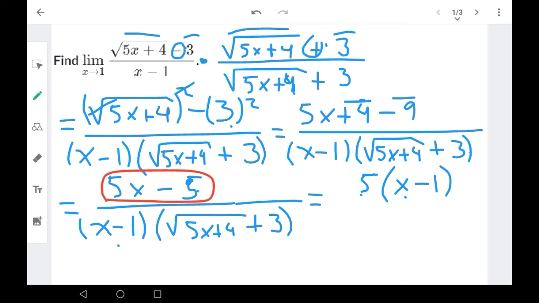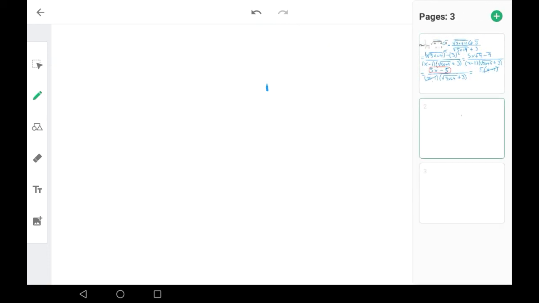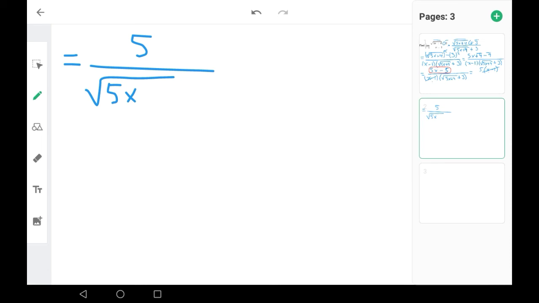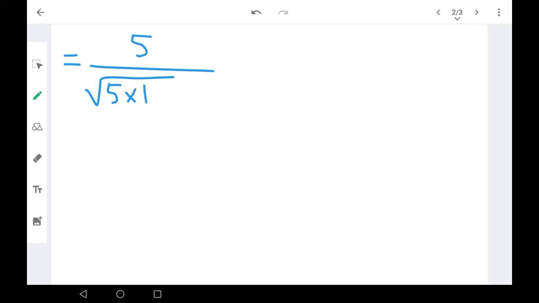So what I can do is to cancel this one with this, and then I can copy what I have left. So on the numerator, I have the 5. That is equal to 5 divided by what? By the radical of 5x plus 4 plus 3, right? That's the expression that I have at the end.